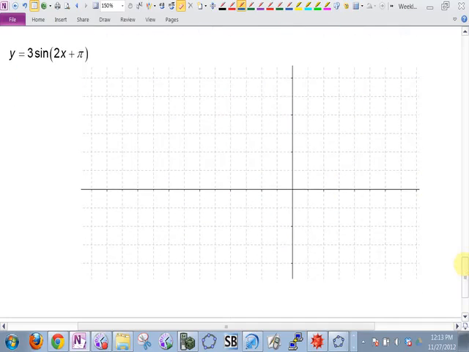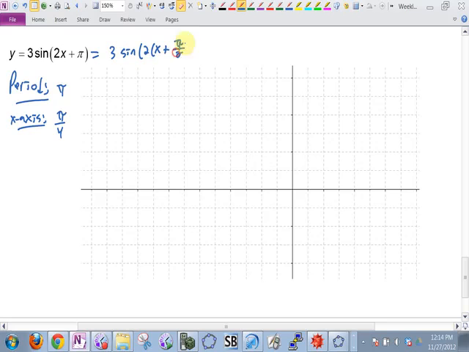And then finally, 3 sine 2x plus pi. Now for this graph, the period is pi. So I would love to label the x-axis by pi fourths. But now let me rewrite this in factored form. That's 3 sine 2x plus pi halves. Can I shift to the left pi halves if I'm labeling by pi fourths? Yes, that is great.